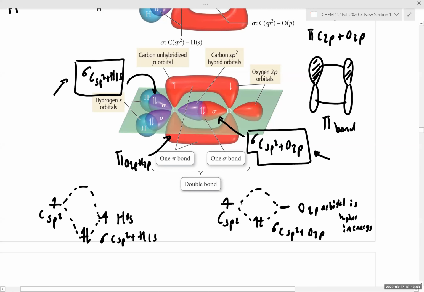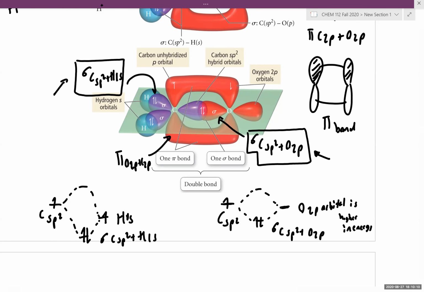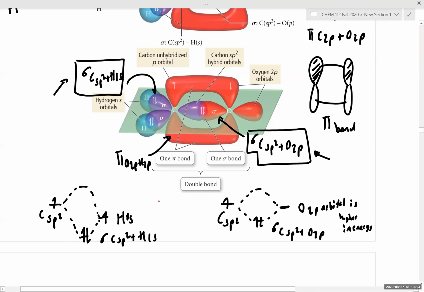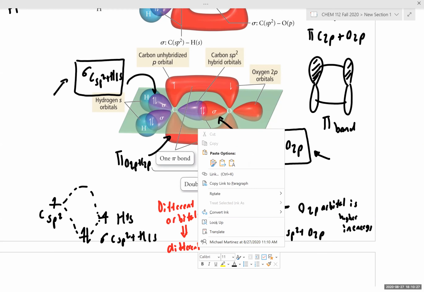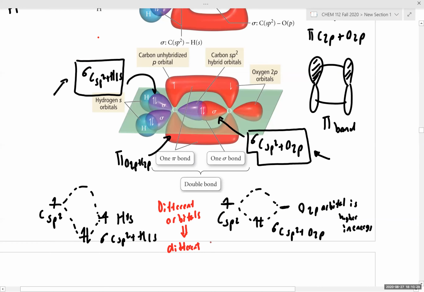So the main takeaway that I want you to get from this discussion is that different orbitals in turn lead to different sigma bonding orbital energy.